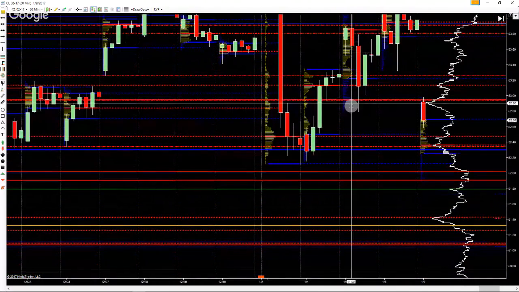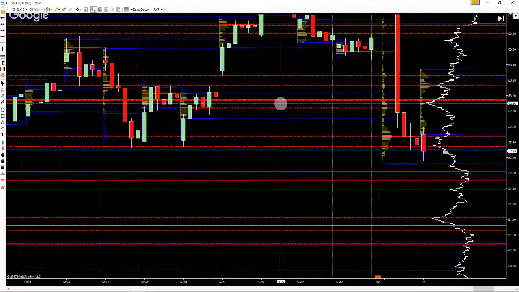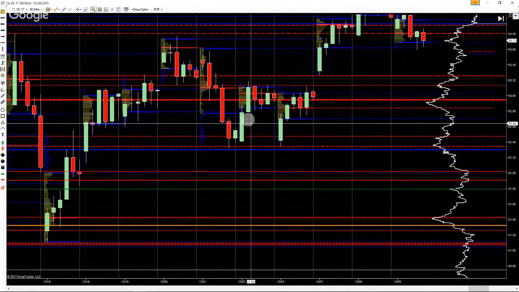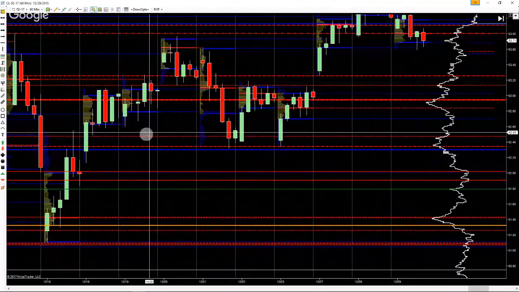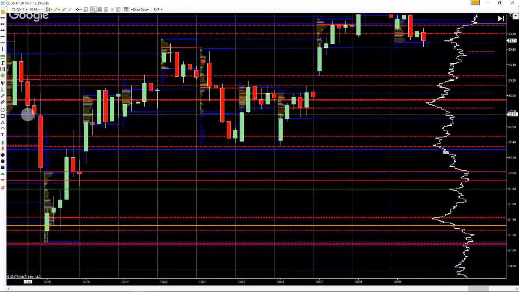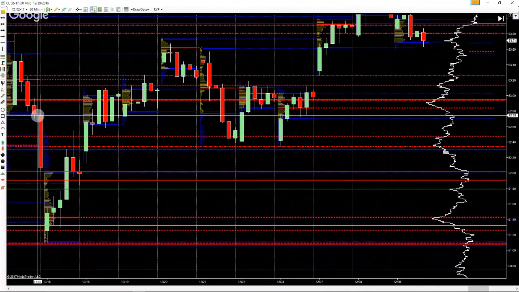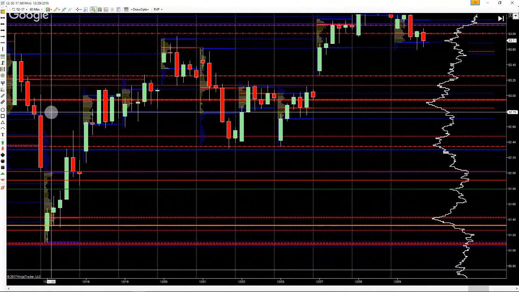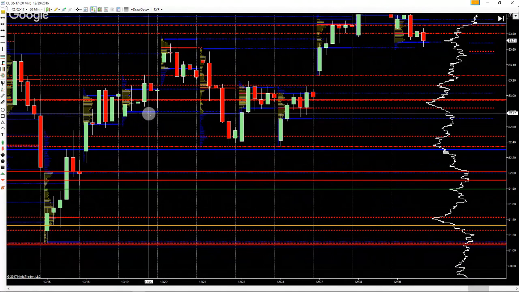Now, the blue dotted lines that you see on here, these are automatically plotted by my volume profile indicator. So here's a perfect example. Look here, you have a value area low back here. Right above it, you have a blue dotted line, another value area. I don't know if it was high or low, it doesn't matter. Another value area level, another value area level.